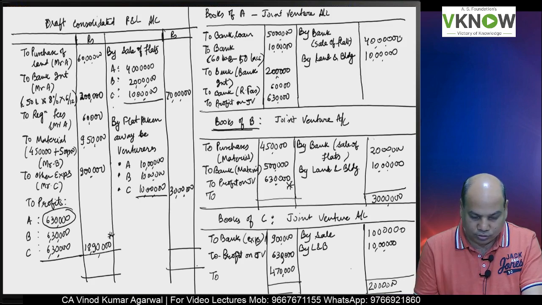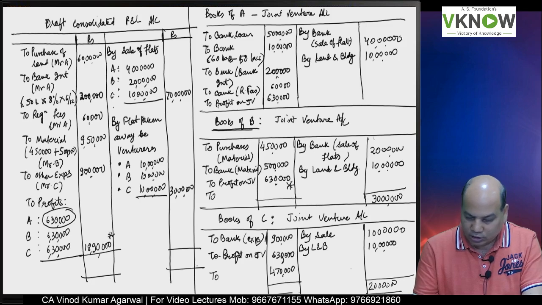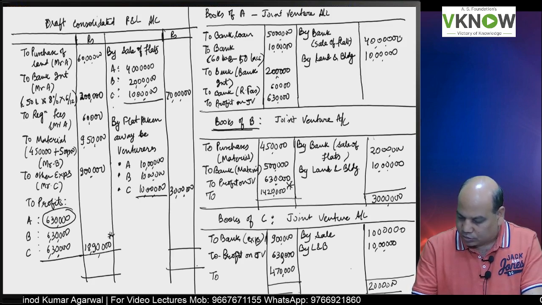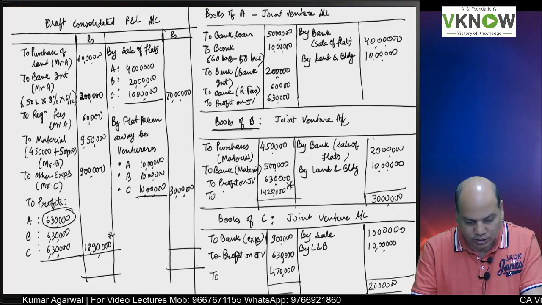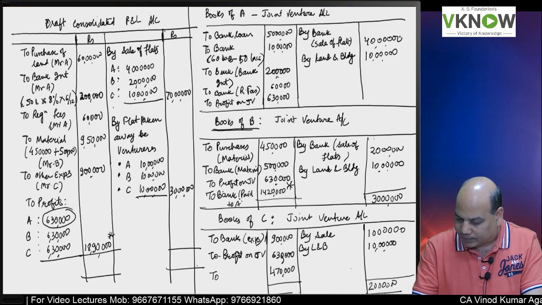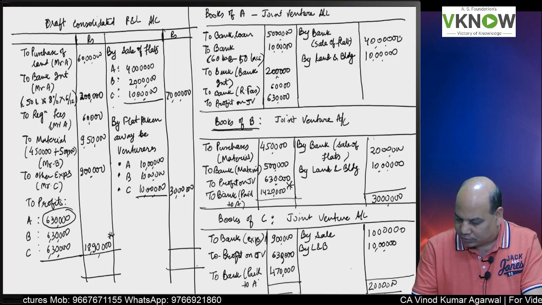So that comes to 14 lakh 20,000. So both parties are going to pay to A. So to bank, write down in bracket paid to A. Here also to bank in bracket paid to A.